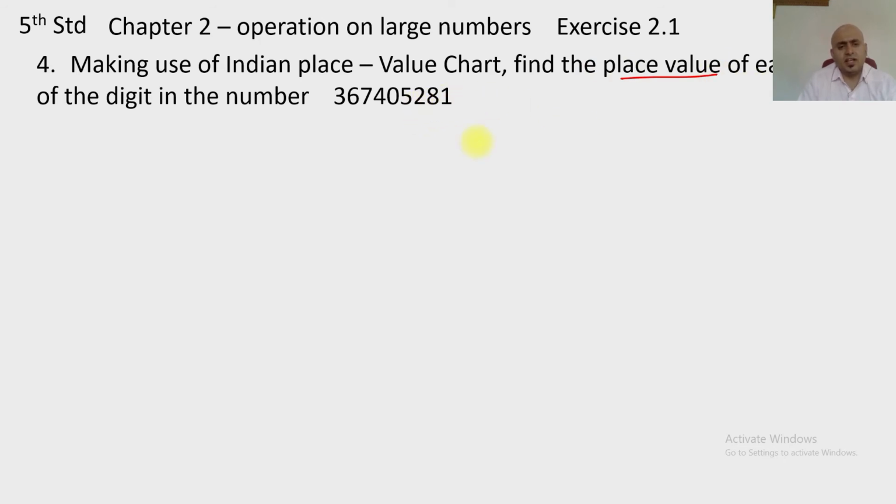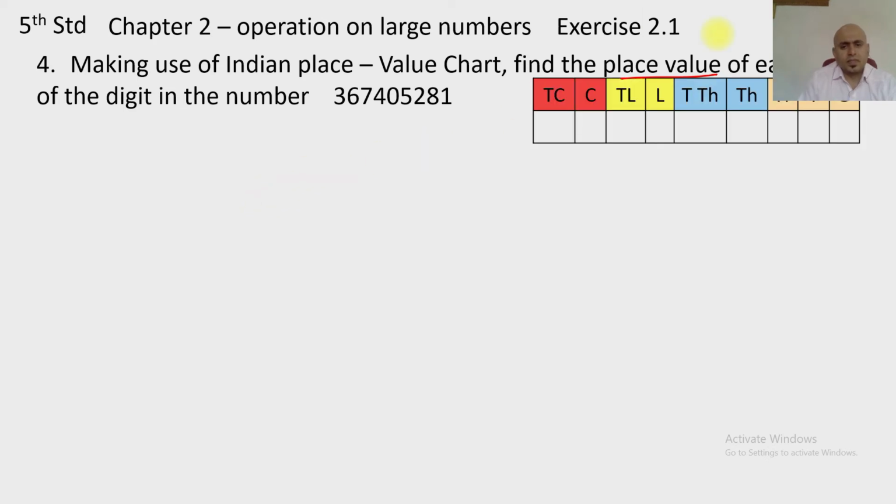So let us first draw the table and fill in the number. It is 36 crore 74 lakhs 5,281. We have to write the place value of each of the digits.